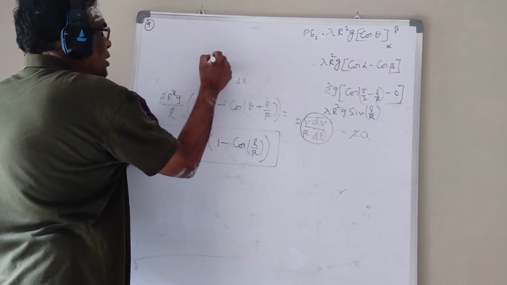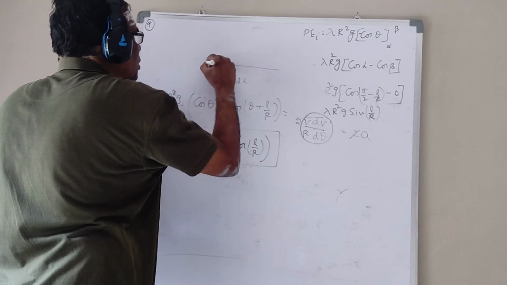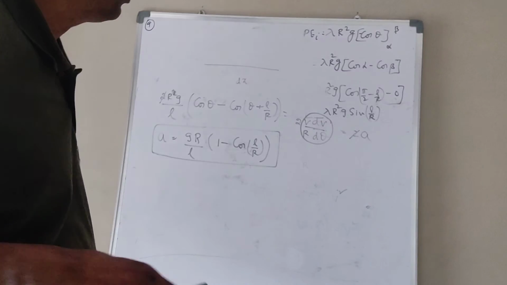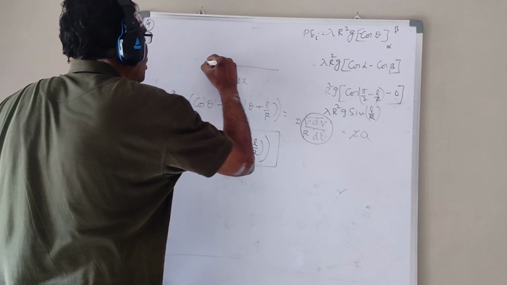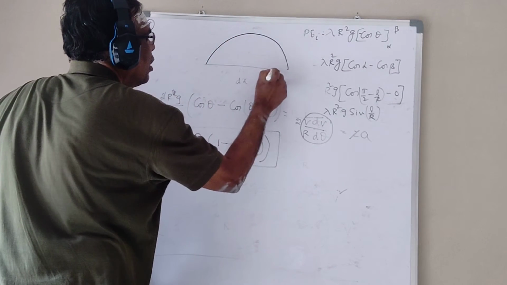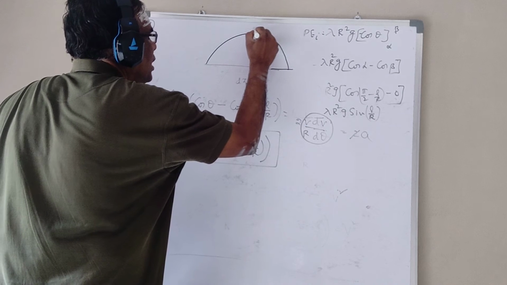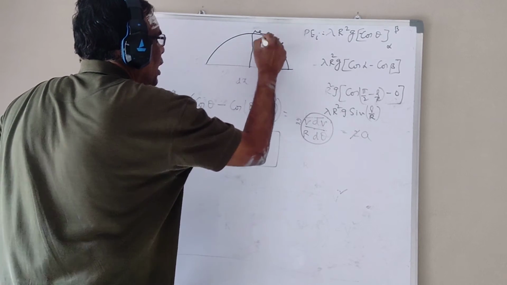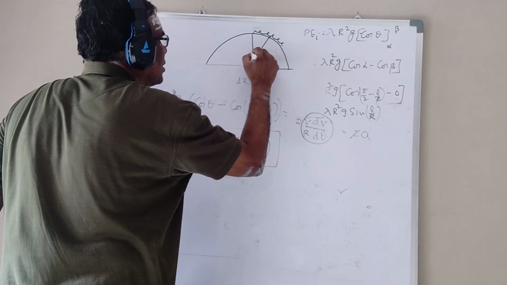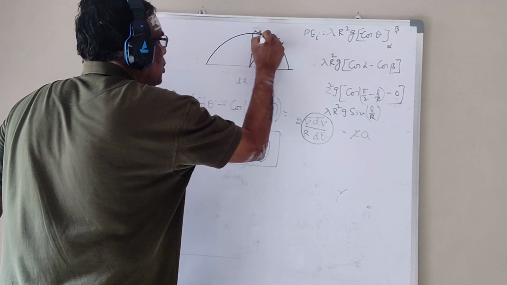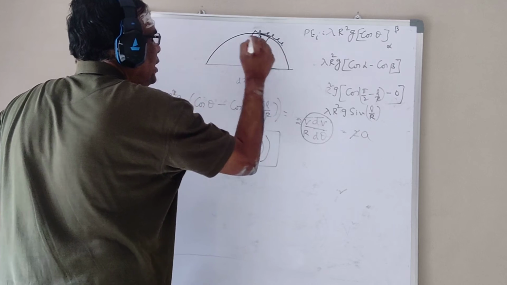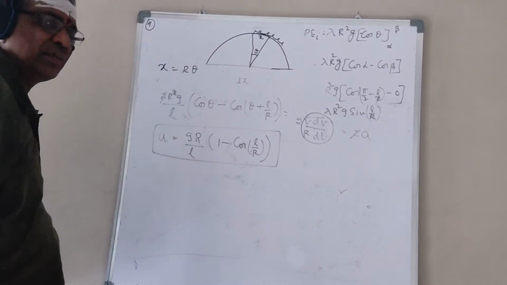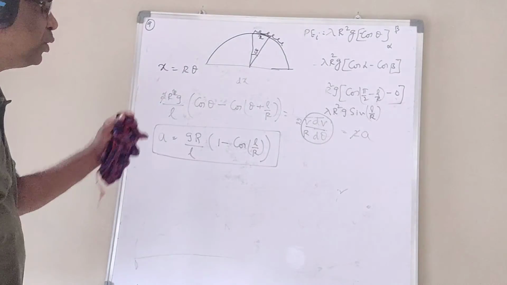I will try to explain this point to you in case of any problem. What I do, look, I am saying this one and it moves by x. So this is x. Let me take theta. So x is equal to r theta. I hope you are understanding.